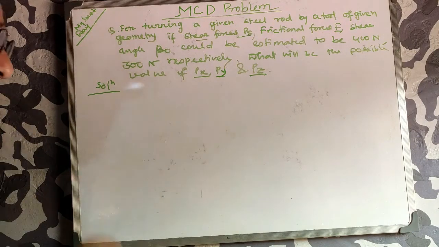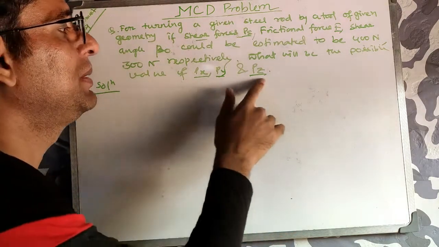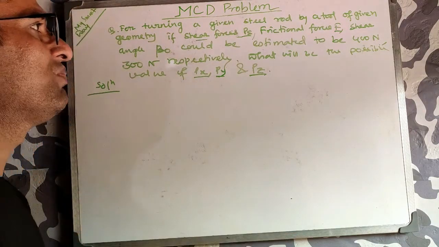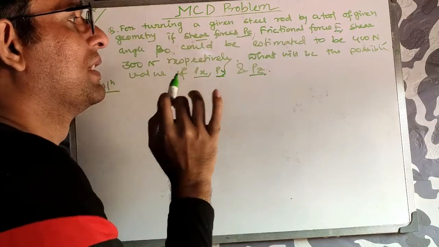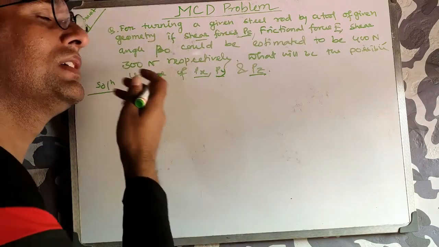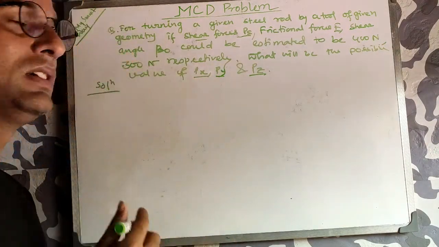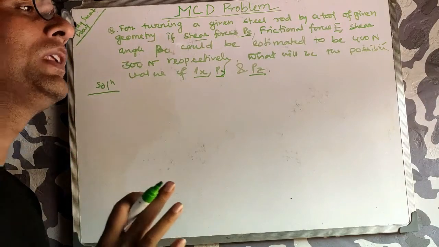From that force, you need to calculate Px, Py, Pz. See, there is no other data given. Gamma and beta are also not given. Gamma means here the orthogonal rake angle, and beta 0 means here the orthogonal shear angle. These two values are not given.